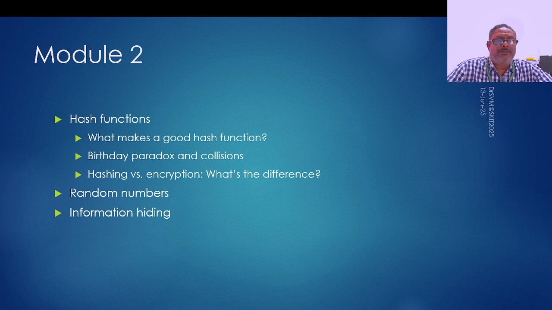Then we try to understand the difference between hashing and encryption. For encryption, randomness is most important. If it is not random, then anybody can decrypt it easily. So to make sure that decryption is not easily possible, there has to be some randomness.